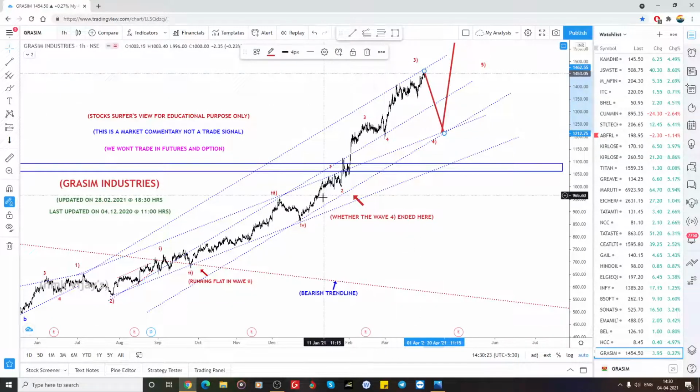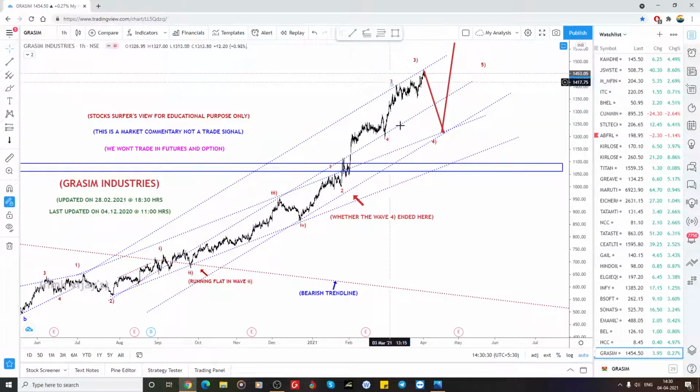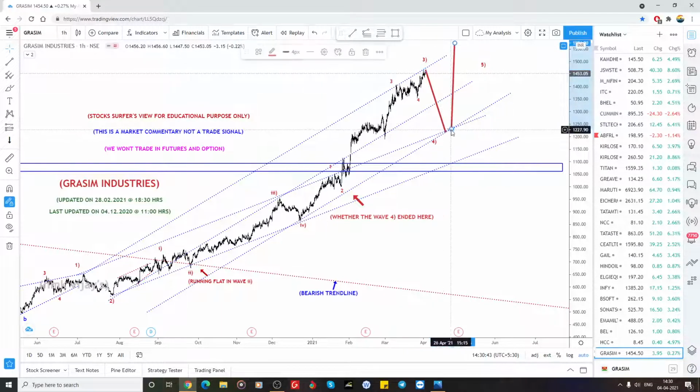So what I'm thinking here is this wave 1, 2, and this is all the intermediate wave of 3, and the fourth ended here, and the fifth is already completed, or one more smaller wave to the higher around 1470 or 1475, and then I'm expecting a drop for the bigger fourth wave. So there is no change as of now.